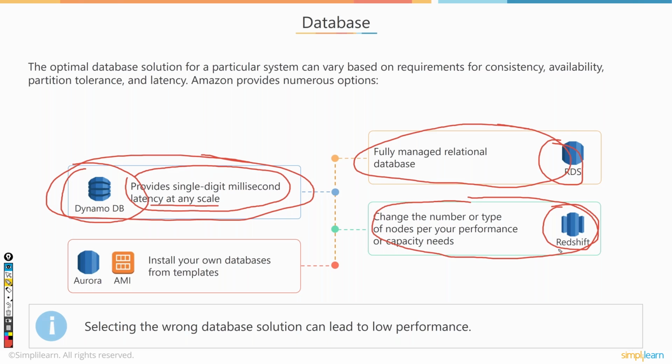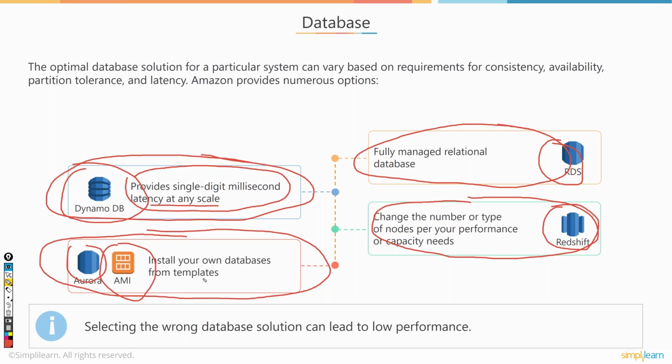In this case, you can just beef up the performance, just basically say, I want more. It will grant you the performance pretty much within seconds, and you can run all your operations, which means you only pay when you use it. Then once you finish, you can scale it down, and you only pay for storage. That's the beauty. Also, it will allow you to use databases like Aurora, or install your own databases from templates like AMIs.